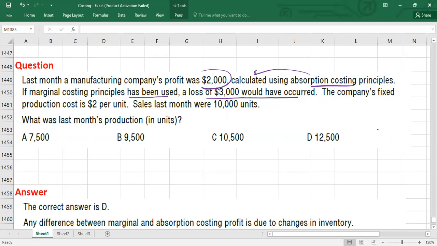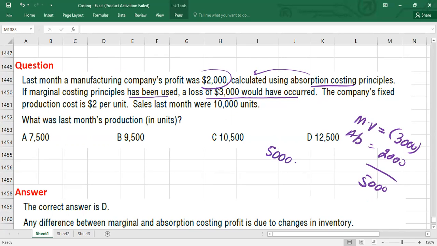It means under marginal costing, a variable costing, you have a loss of 3,000, but under absorption costing you have a profit of 2,000. The total difference is 5,000, because 3,000 is the loss, which is negative, and 2,000 is positive. So absorption costing profit is greater than variable costing by 5,000.